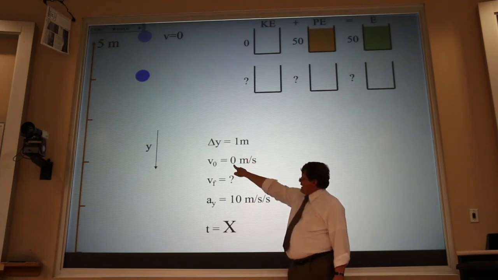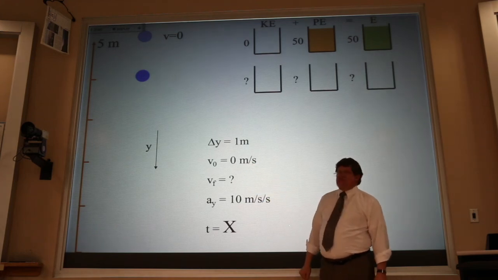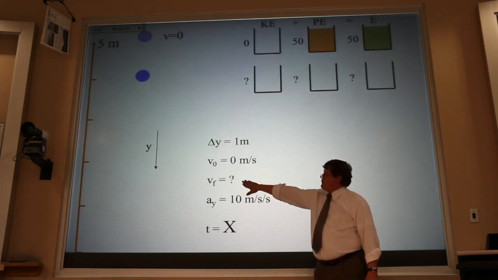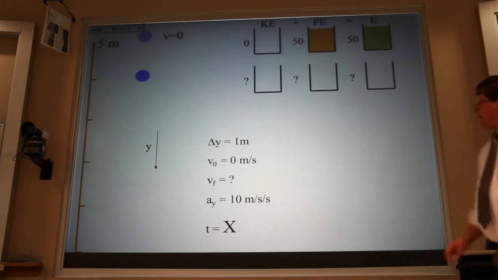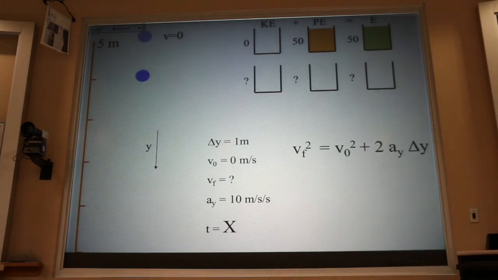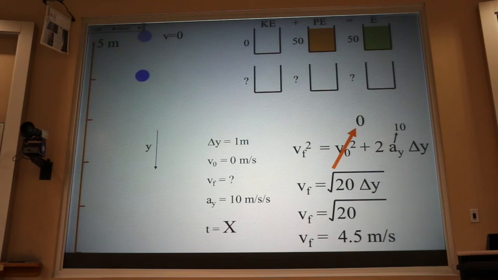It starts from rest. The acceleration in this coordinate system is positive because it's down. I'm looking for v final after it's dropped 1 meter. Time is the one that I don't care about. That suggests I should use the equation that doesn't have time. I plug into it, and if delta y is equal to 1 meter, that gives me the square root of 20, which is 4.5.